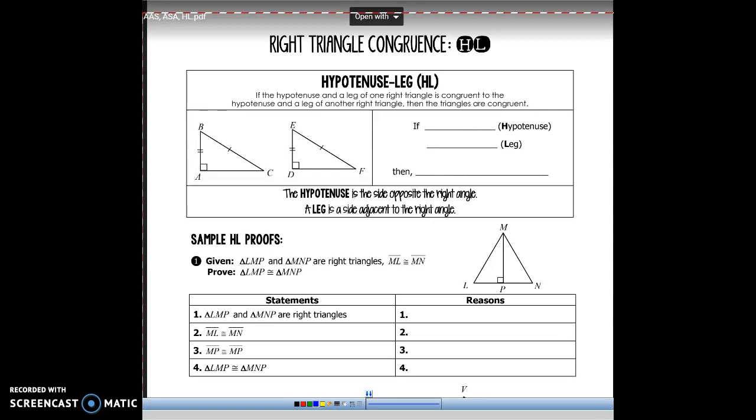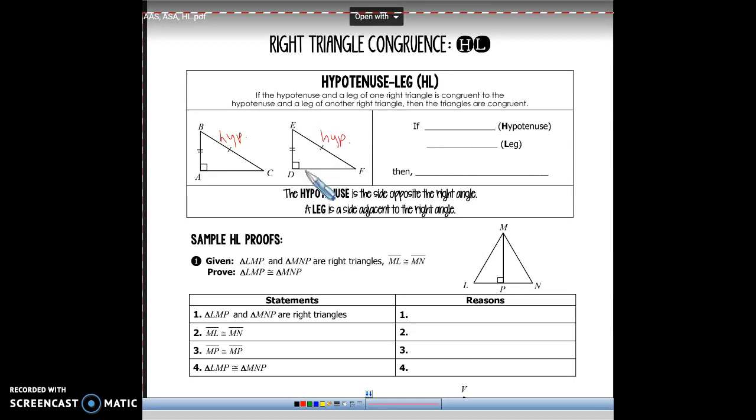So with hypotenuse leg, remember the hypotenuse has to be congruent. The hypotenuse is the side across from the right angle. These are your hypotenuses. And then your legs are your two sides that make up the right angle.